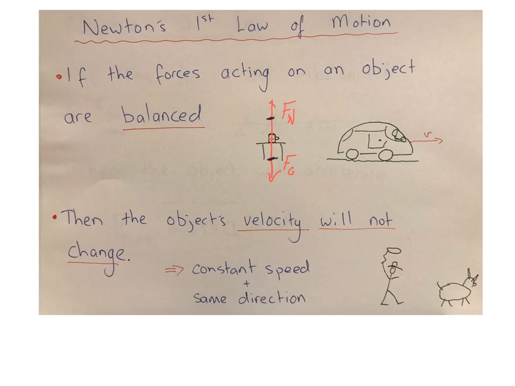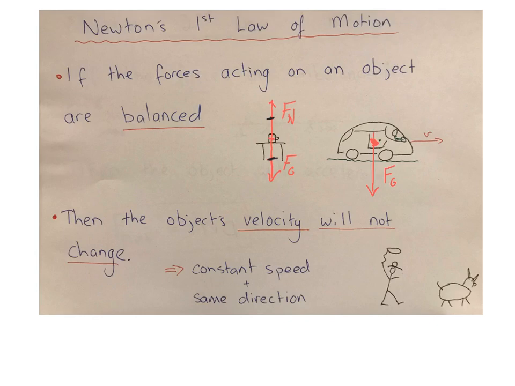We could also observe a car travelling down the road at constant velocity. So again, that means we must have balanced forces. So let's just draw a simple diagram of the forces acting on the car. We would have, again, the force due to gravity acting on the car because the car has mass.